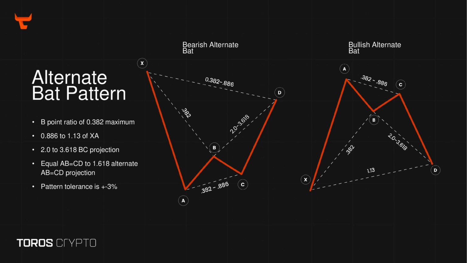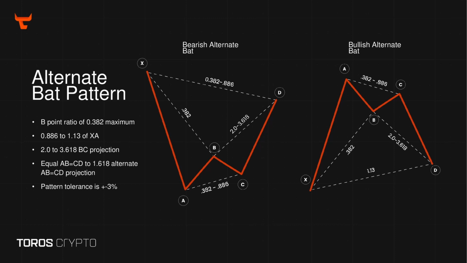After that, again, you come into that C point, and it's the same ratio for all these M and W patterns, where you find the C point is between a 0.382 and an 0.886, just to maintain that M and W shape and the ABCD structure, and then we come down into the D point. The BC projection is different, obviously, due to the 0.382 retrace, so you're looking for between a 2.0 and a 3.618.